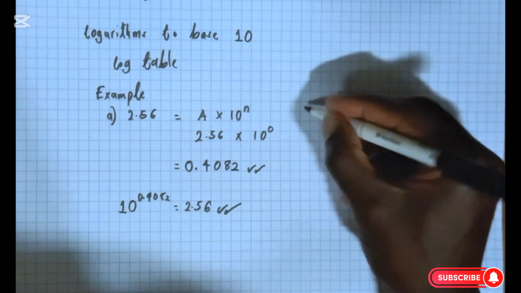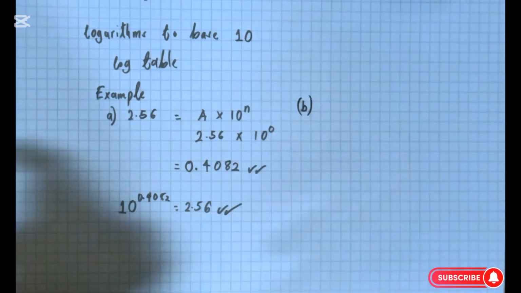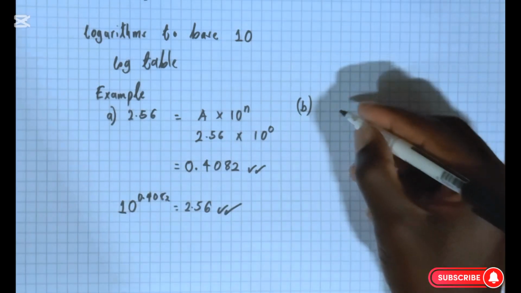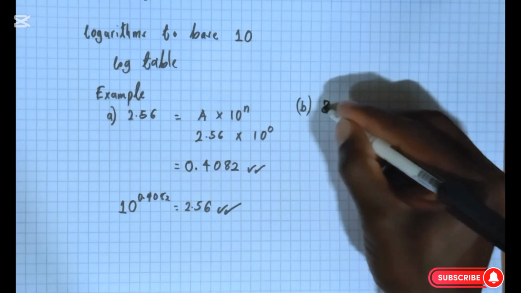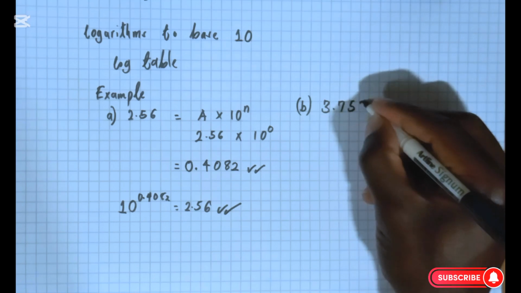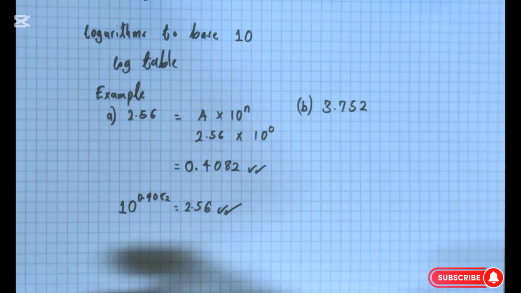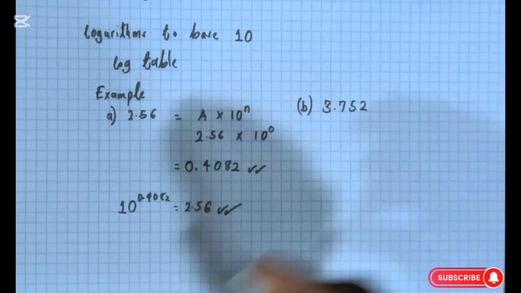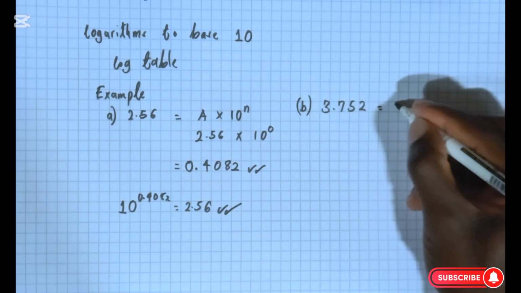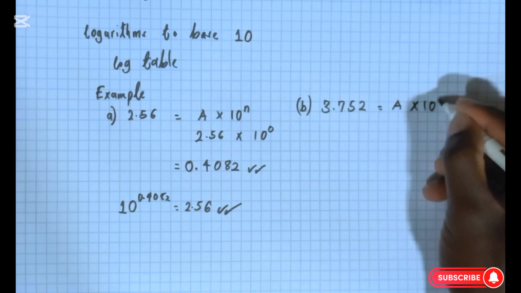All right, so let us do another example so that we are able to understand what's actually going on. So we are having the number 3.752, and we are supposed to find its logarithm from the log table. First of all, you want to write it in its standard form, and that's going to give us, of course, a times 10 raised to n.